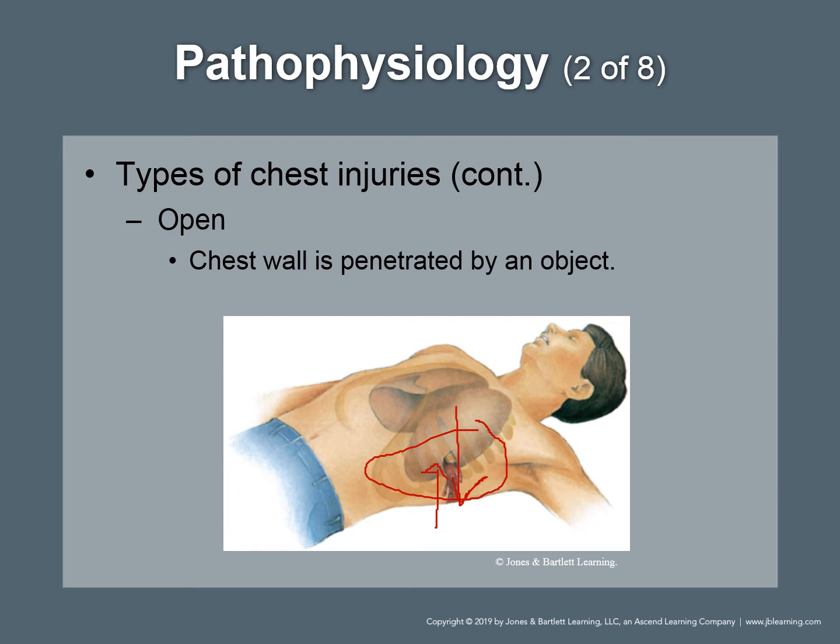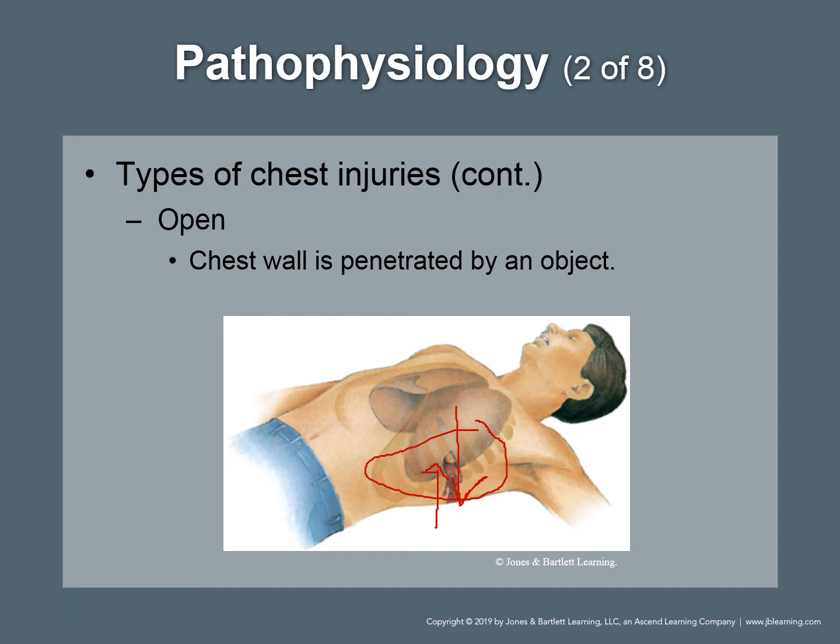In an open chest wound, the pressures are changed. Remember, during inhalation you typically move air through your trachea. The chest gets bigger, causing negative pressure. You pull air in through your trachea, and it goes to your alveoli.